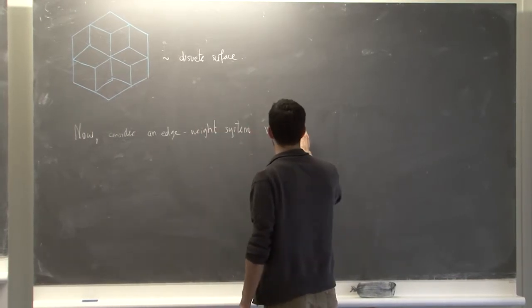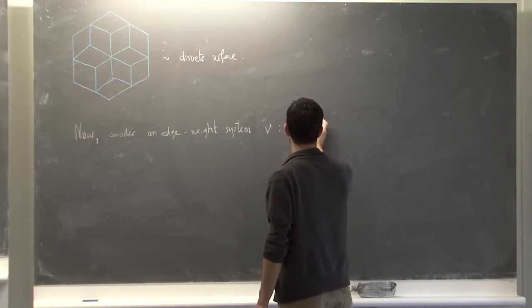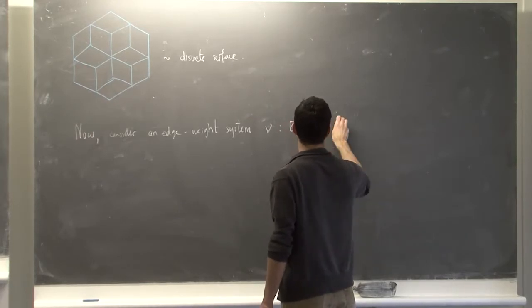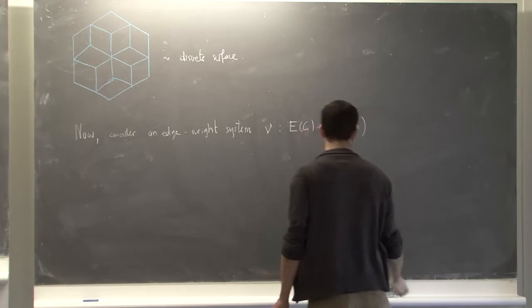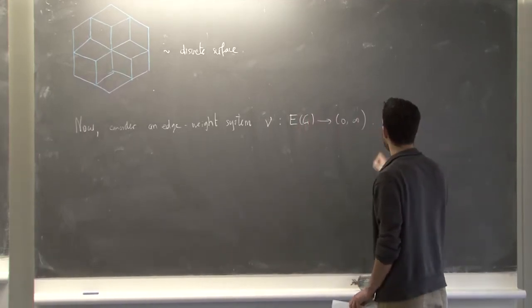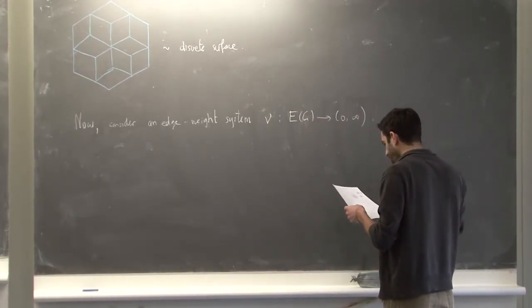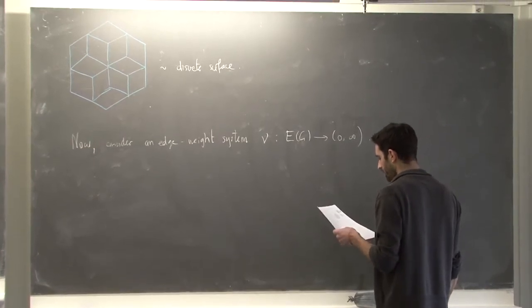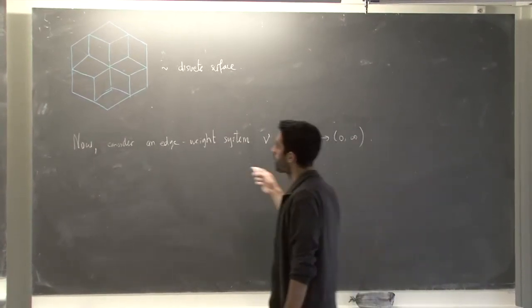This means to each edge of the graph we assign a positive weight. Still a finite graph.